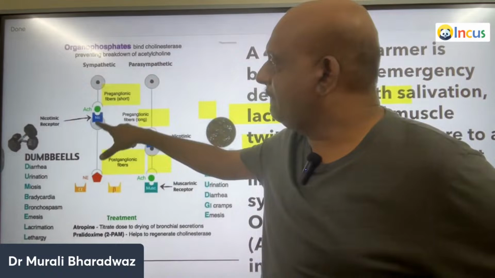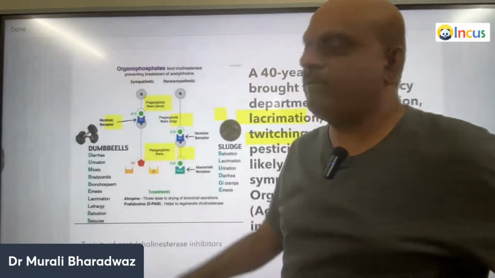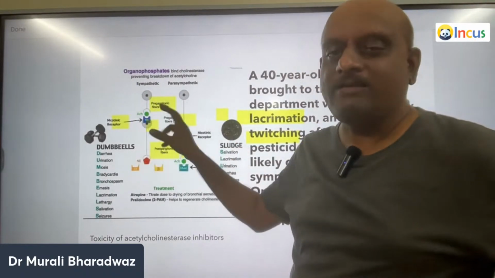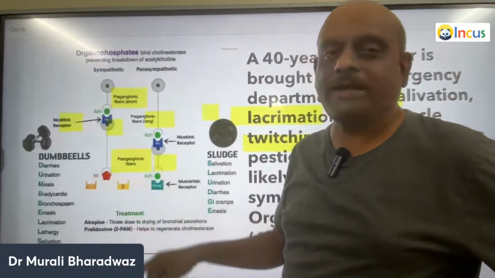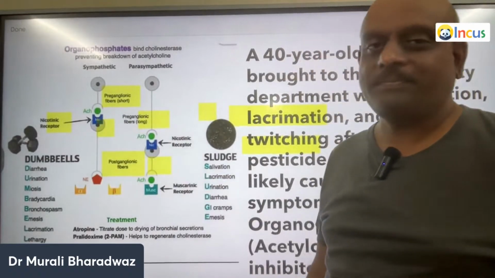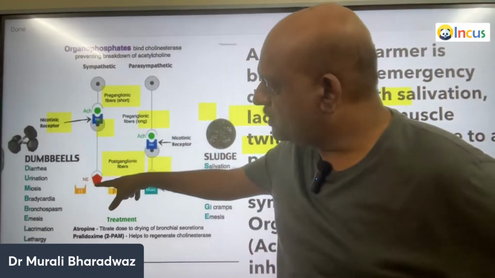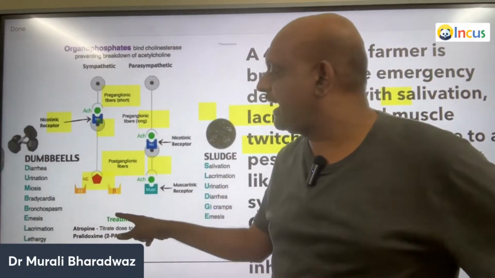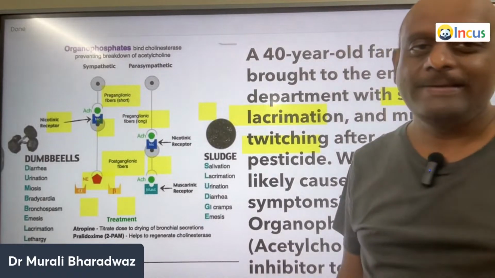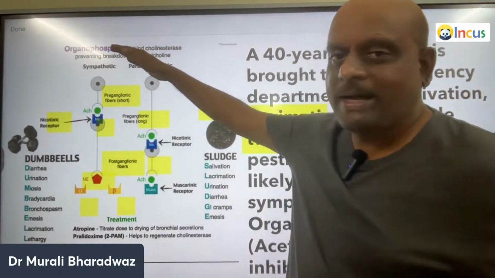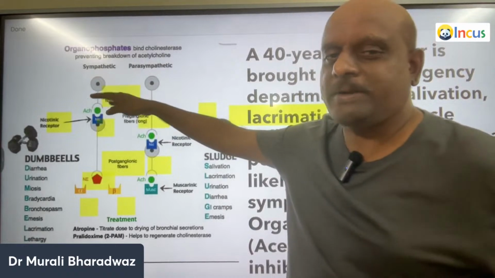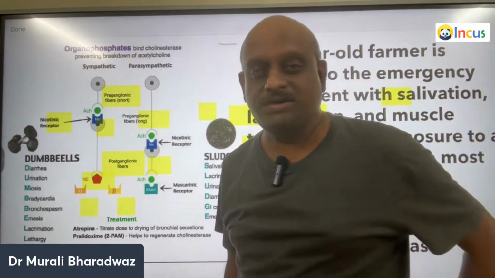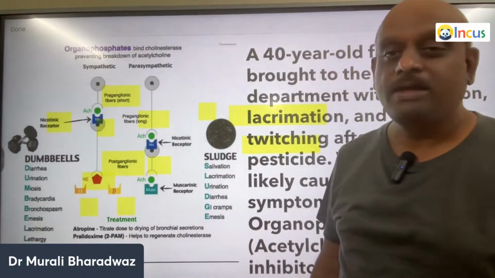Now, if you look at sympathetic, there is a nicotinic receptor at the level of the preganglionic and postganglionic level, at the level of the ganglia, where there are nicotinic receptors on which acetylcholine acts. Then the postsynaptic receptors on the sympathetic side produce the norepinephrine, which goes and acts on alpha and beta. So whenever acetylcholine is too much, it is causing ganglionic nicotinic receptors of the sympathetic fibers to get increased, and that leads to DUMBBELSS because of the excess adrenergic activity.